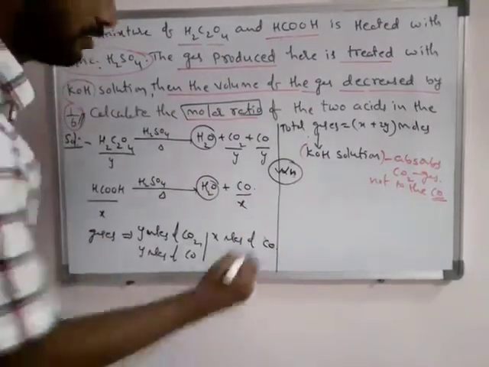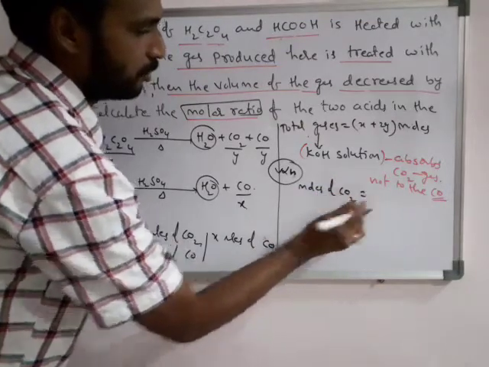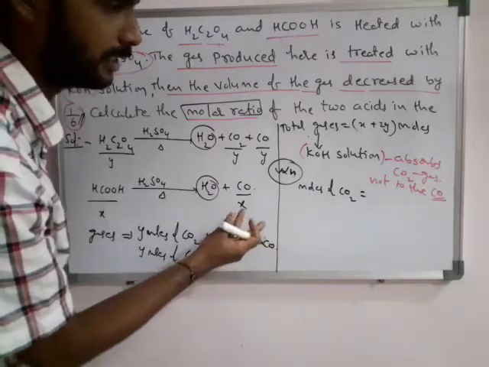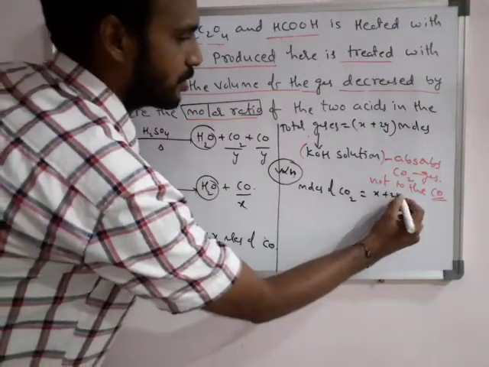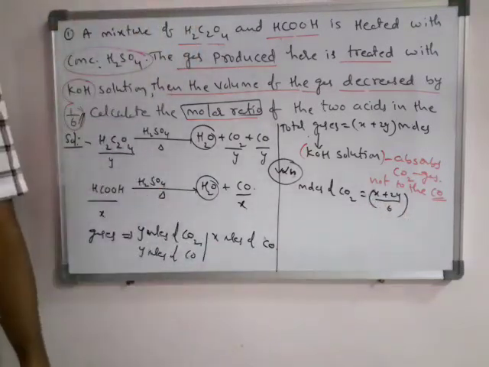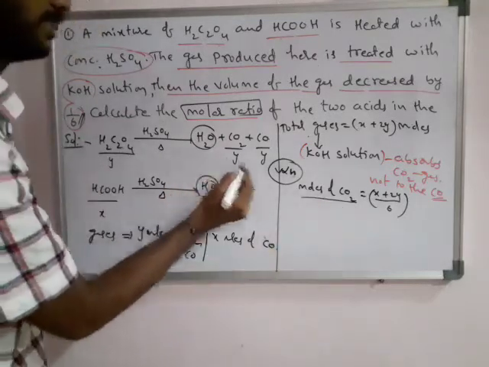CO2. Therefore the moles of CO2 formed, but how much CO2 is absorbed? (x plus 2y)/6. So this much CO2 is absorbed. So what is the moles of CO2? Generally we know that it is y.